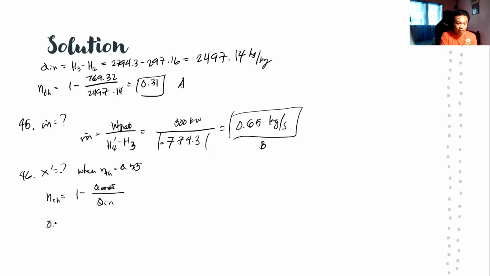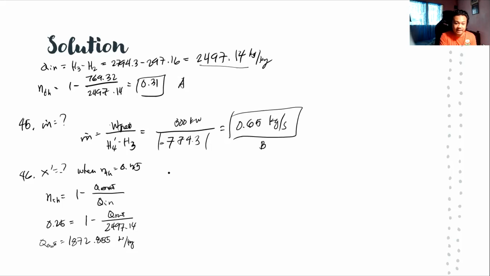So we have 0.25 here, and then Q out, Q in, we have here 2497.14, and then you can get the Q out equal to 1872.855 kilojoules per kilogram.